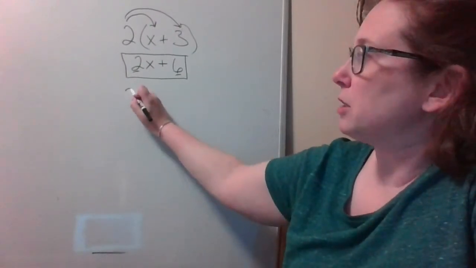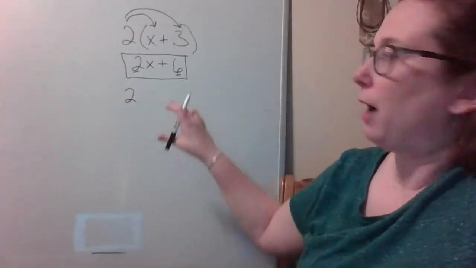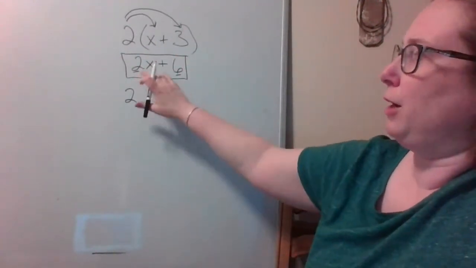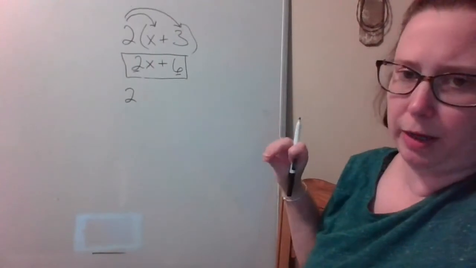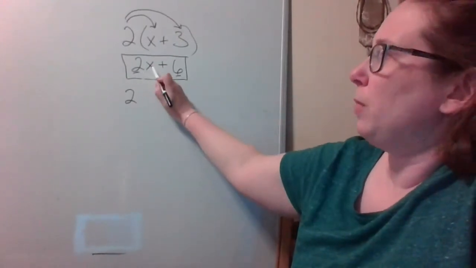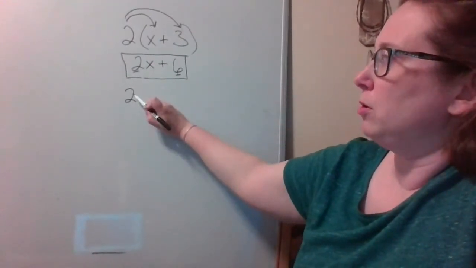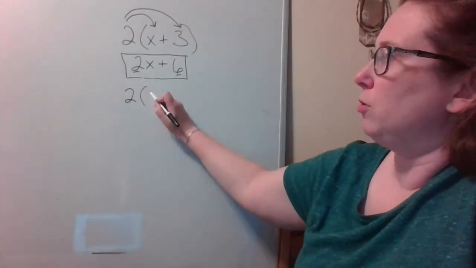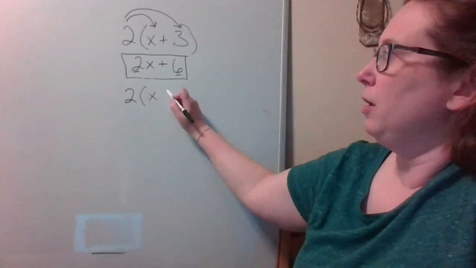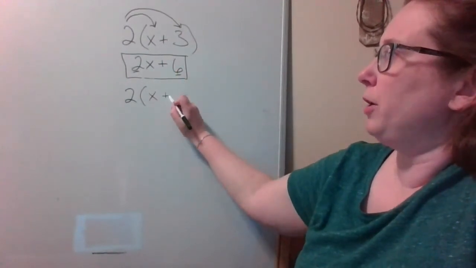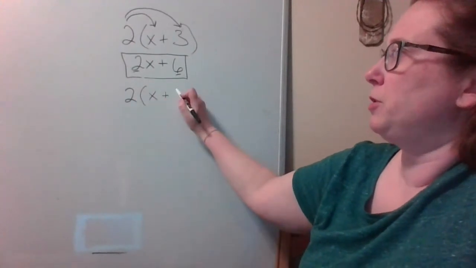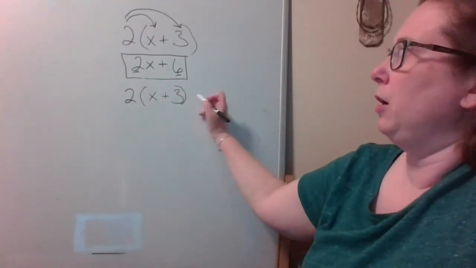What you do is pull your greatest common factor out. So we're pulling it out of that term, and we're also pulling it out of this term. So 2x divided by 2 would just be x. You bring down whatever your operation is. Then you also have to do 6 divided by 2, which would be 3.